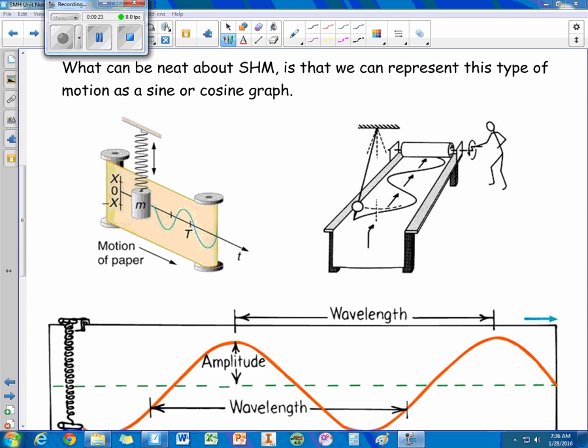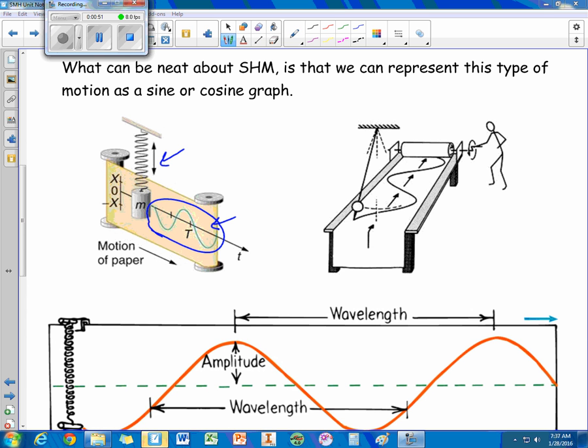So imagine, for instance, that I have a mass spring system oscillating up and down. And then I put some sort of marker on it so that it moves up and down and draws a line. And then I take some paper and I move the paper out from underneath of it. Envision how this would work. So as the spring system oscillates up and down and as the paper is pulled out from underneath of it, we can get that classic sine or cosine looking graph.